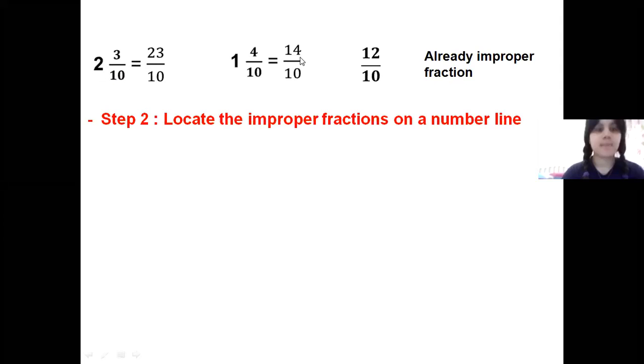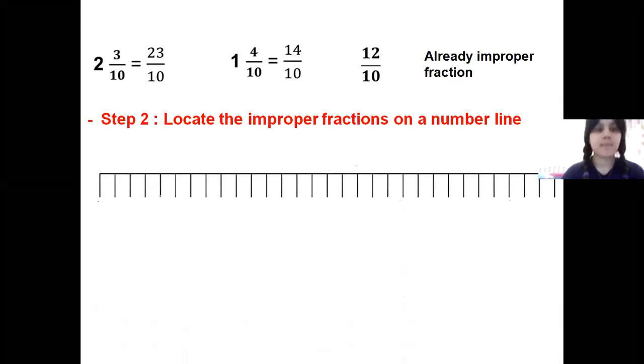So we need to reach the third number between the numbers 0 to 1, 1 to 2, 2 to 3. Rama, how many pieces are we going to have between each two numbers? 10. Yes, 10. So look, this is how it looks.